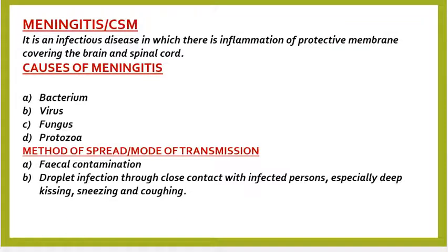Now, before we define meningitis, the word meningitis is taken from two words. One is menin, meaning membrane, and itis, meaning inflammation or swelling. So meningitis is an infectious disease, meaning that it can be transferred from one person to another, in which there is inflammation, the swelling of the protective membrane covering the brain and spinal cord.